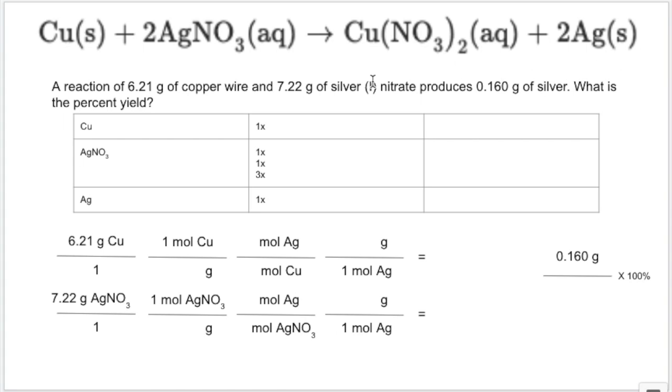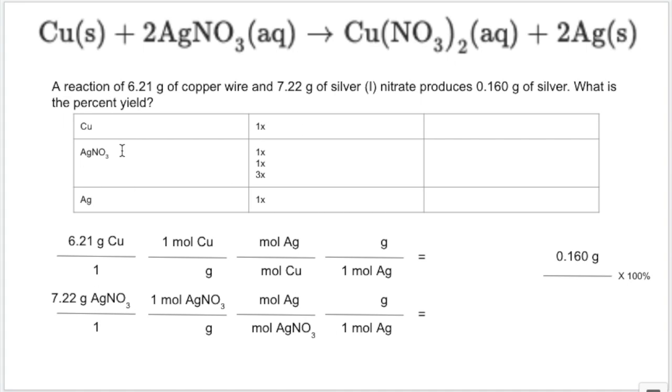For copper, there's no subscript, so there's only 1. We're just going to take 1 times the mass on the periodic table, so that would be 63.546.